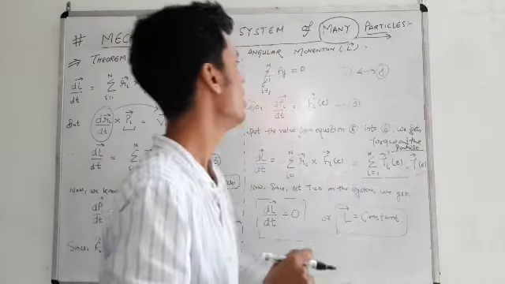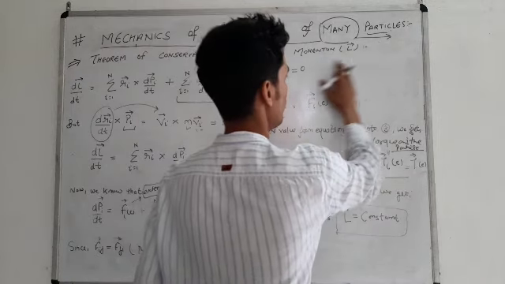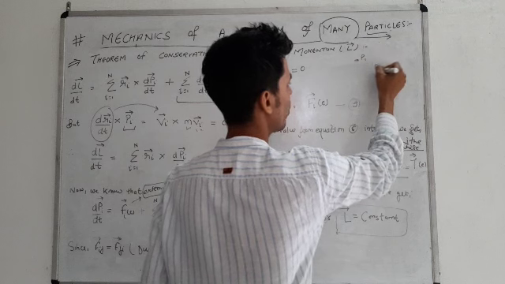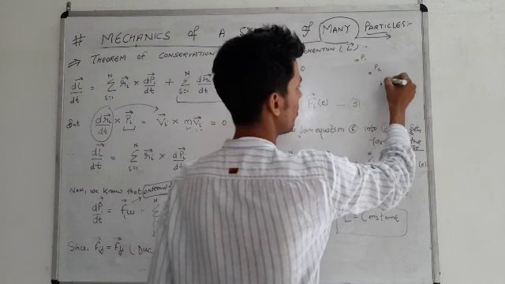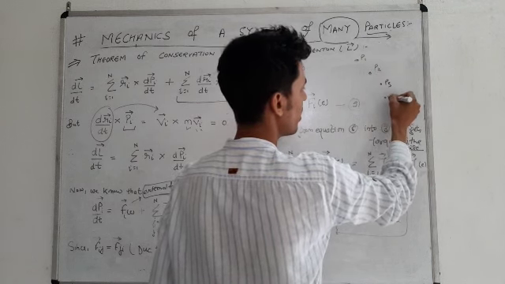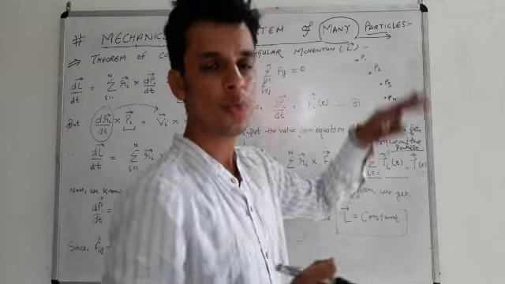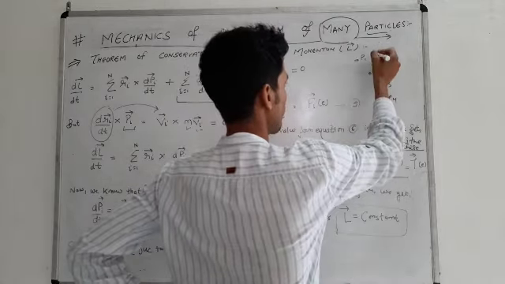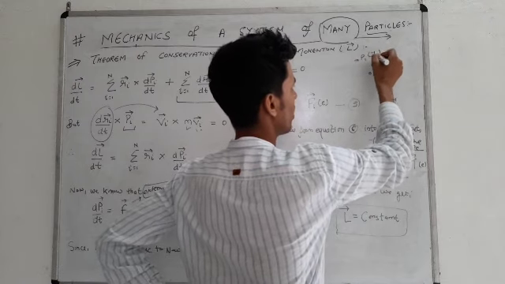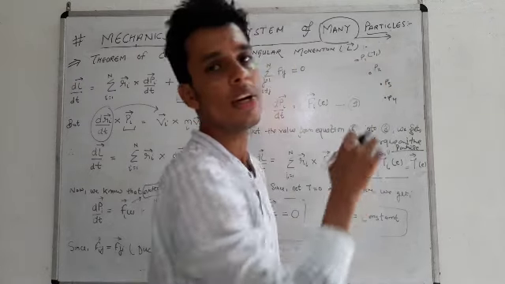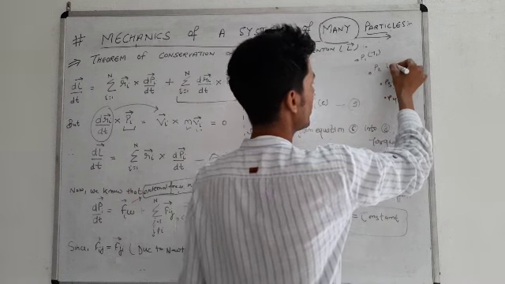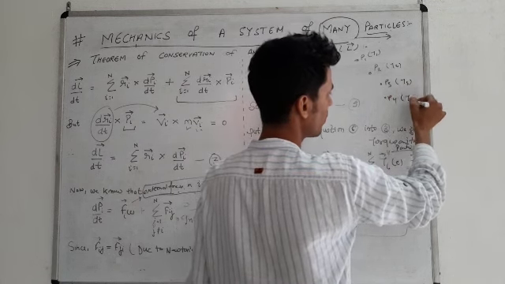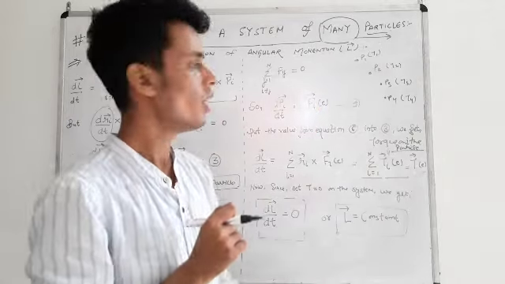Suppose we are having only 4 particles, though we can take any number of particles. Particle 1 is facing torque tau 1, particle 2 is facing tau 2, particle 3 is facing tau 3, and particle 4 is facing tau 4.